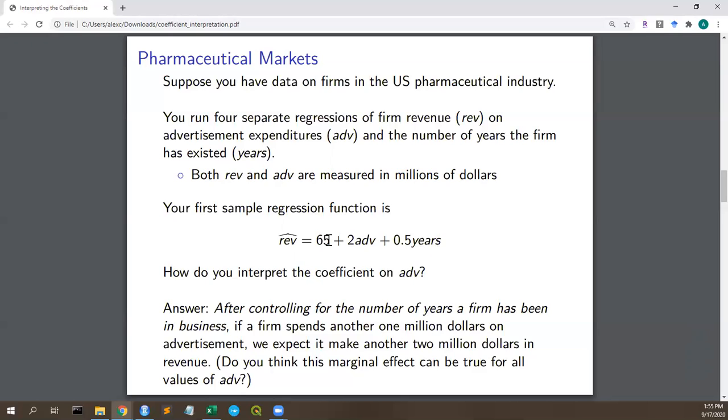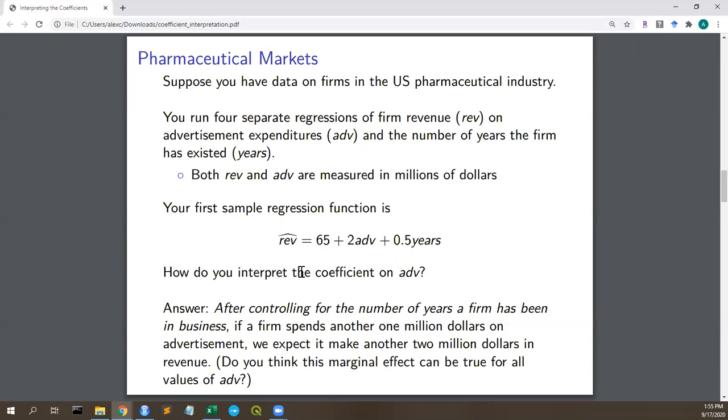Now this is pretty uninterpretable, because if you're not in existence at all and you spend no money on advertising, you shouldn't expect to make money. But maybe the averages of these advertising dollars and years in existence variables are much higher, and we're talking about data up in that stratosphere rather than the very low values.